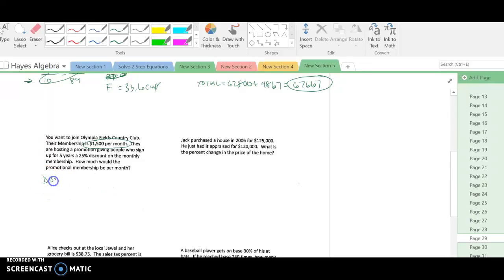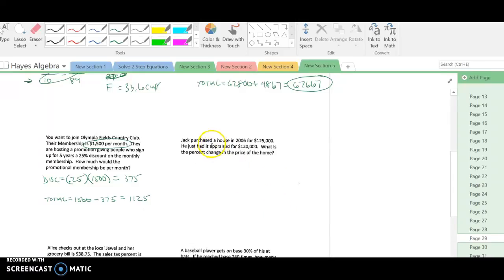So to figure out the discount, right, we're going to take the 25%, which is 0.25, multiply it by the cost per month, which is $1,500. That gives you $375. So now the total cost per month would be the $1,500 minus the $375 discount, which is $1,125 per month. Okay.